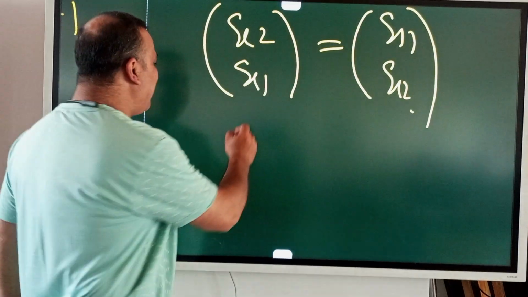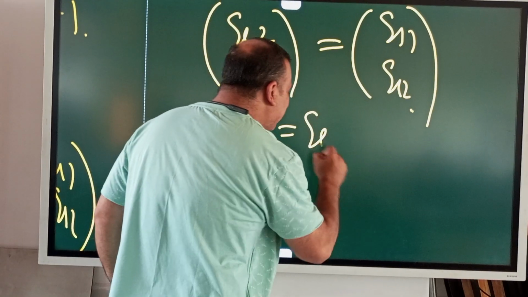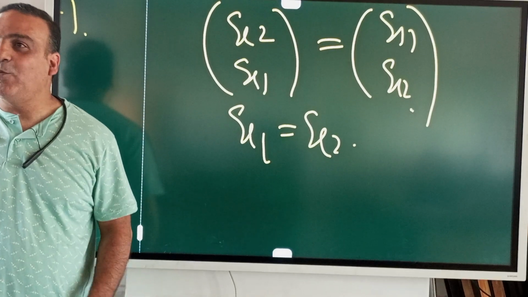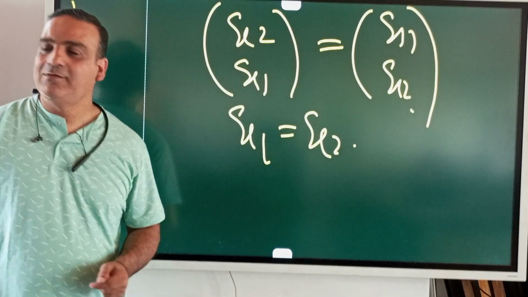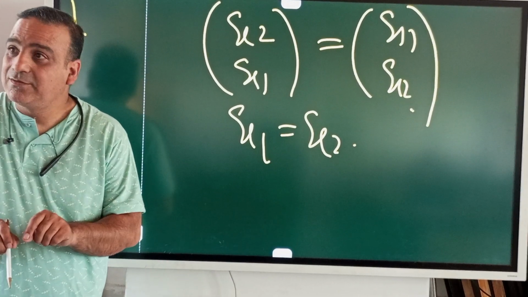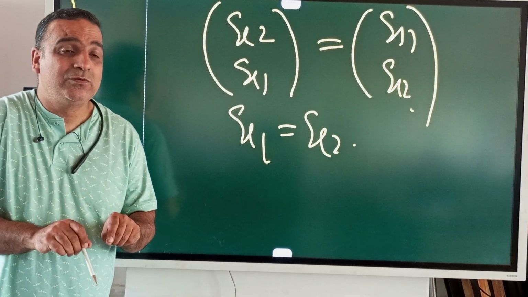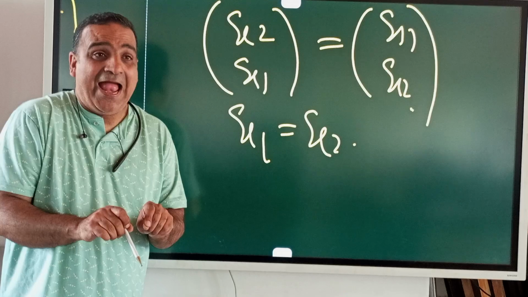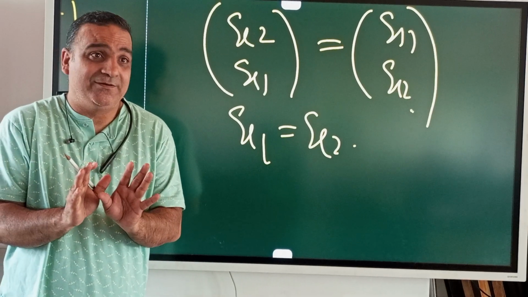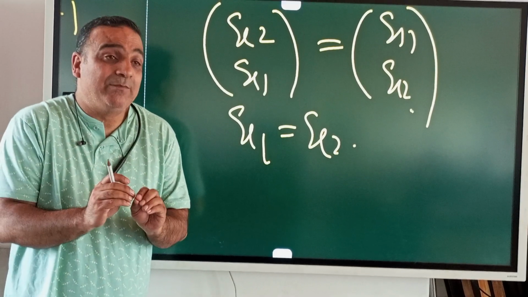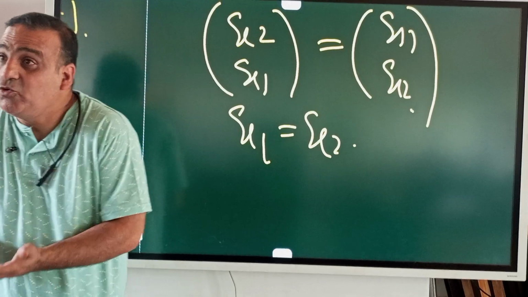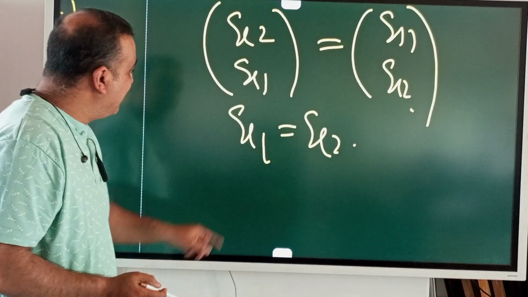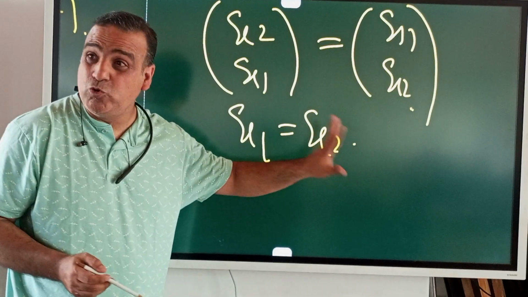So zeta 1 is equal to zeta 2. Zeta 1 and zeta 2 correspond to zeta, right? And zeta 1 plus zeta 2 is also the solution, right? Getting the point? So zeta 1 is equal to zeta 2.